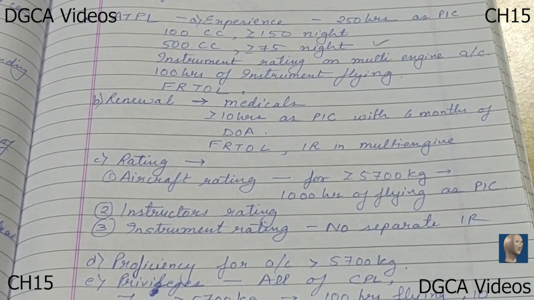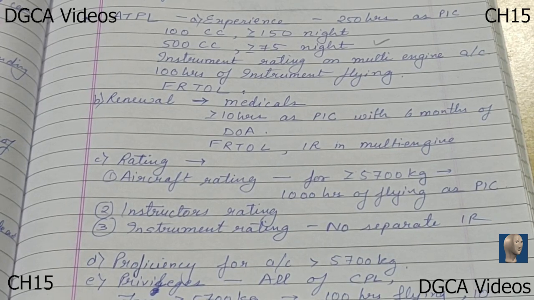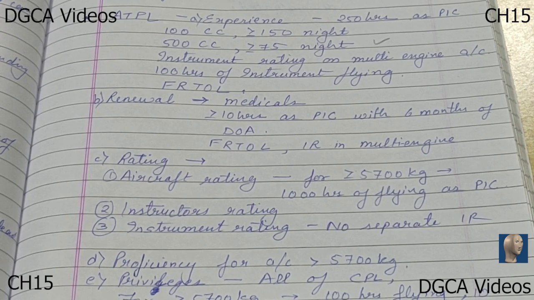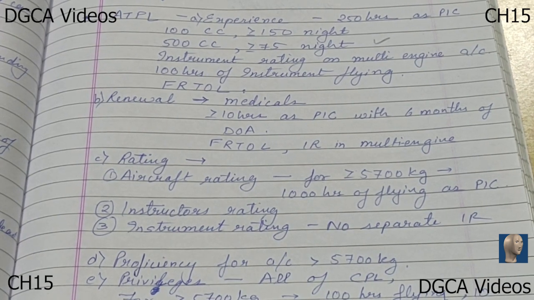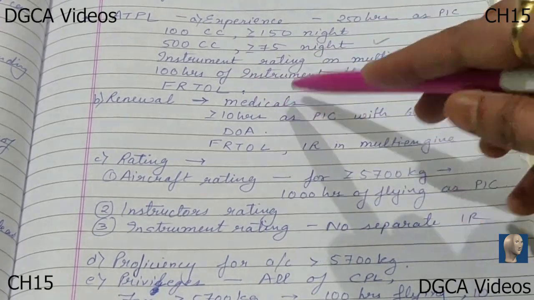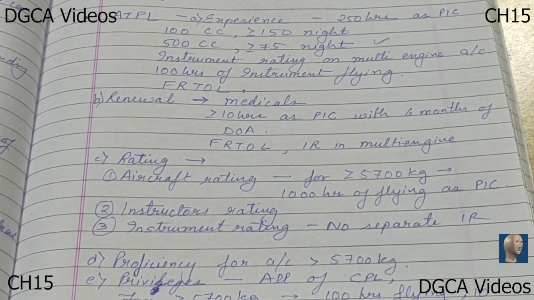Right, so instrument rating on multiple engine aircraft should be 100 hours of instrument flying, right? And FRTOL should be mandatory. So apart from that, the additional criteria is only that FRTOL license that was common for all, but again instrument rating in multiple engine is a necessary condition here, so that has to be kept in mind.